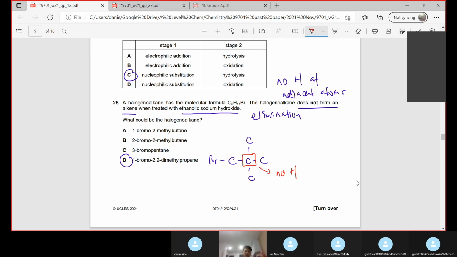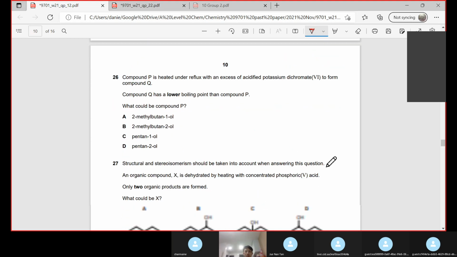Okay, 26. Compound P is heated under reflux with an excess acidified potassium dichromate(VI) to form Q. So heated under reflux with acidified potassium dichromate(VI), this is oxidation. Butan-1-ol is a primary alcohol, so it will oxidize and become carboxylic acid.